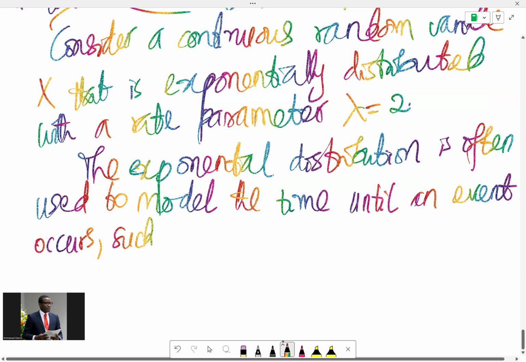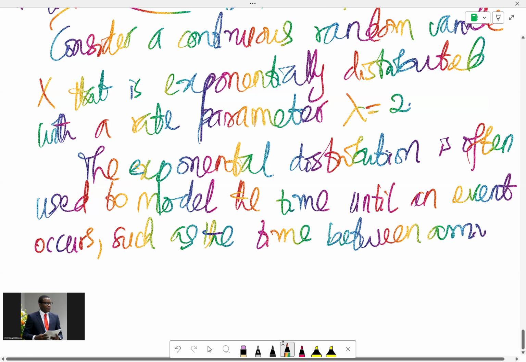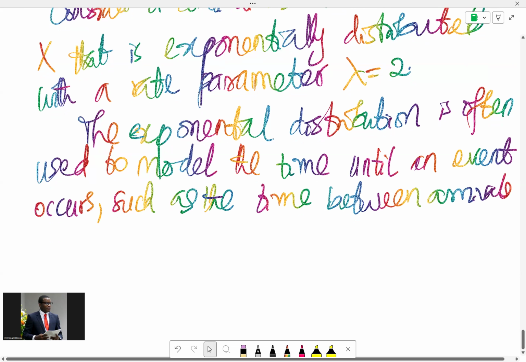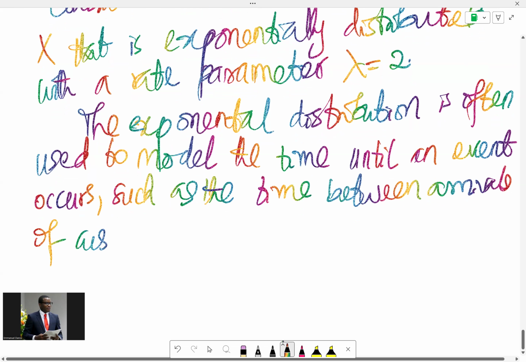Such as the time between arrivals of customers in a queue.